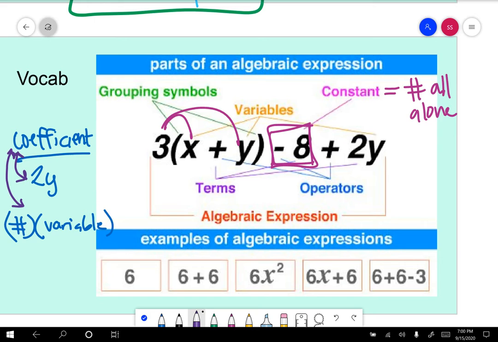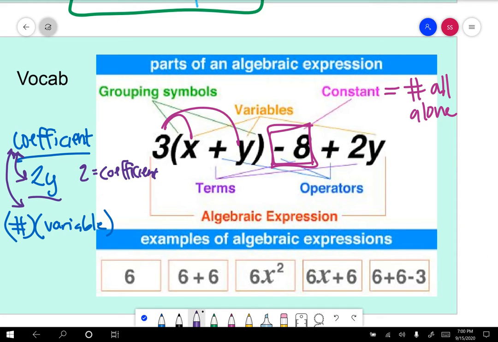So if we're given the term 2y, 2 would be the coefficient. It's basically just a fancy word for saying the number in front of the variable. I will mention that a lot, so that's a good thing to write down.